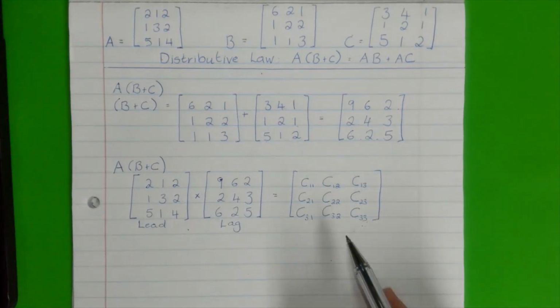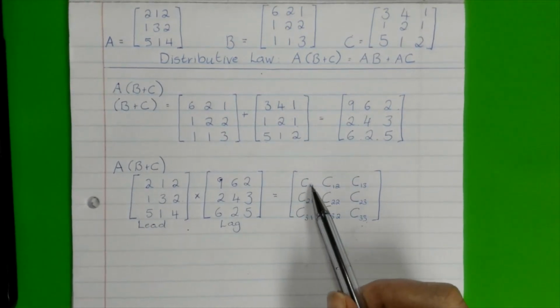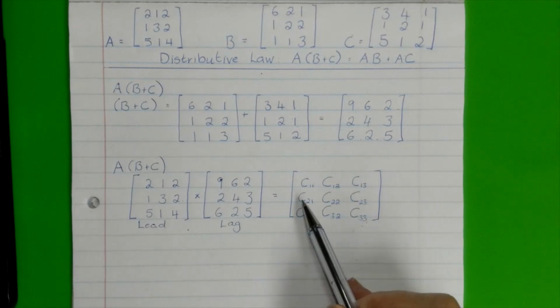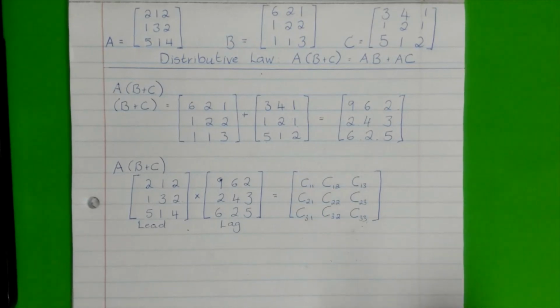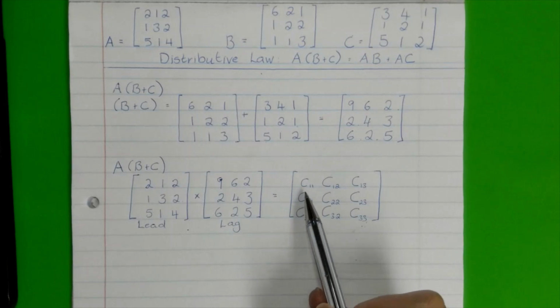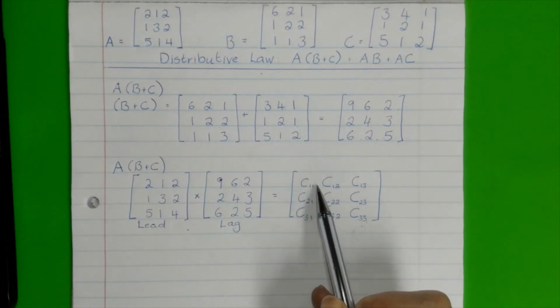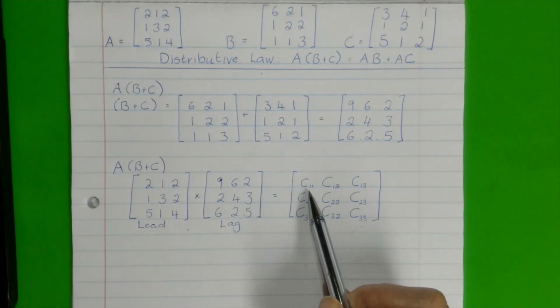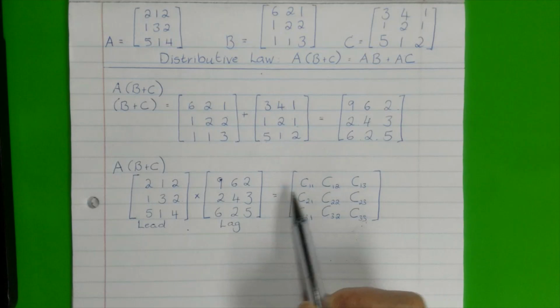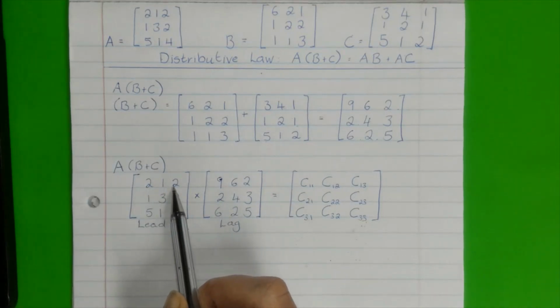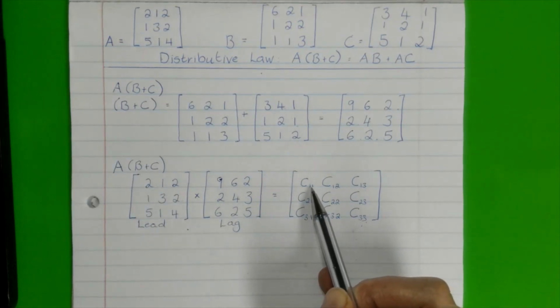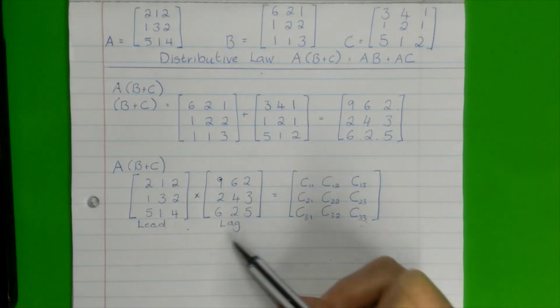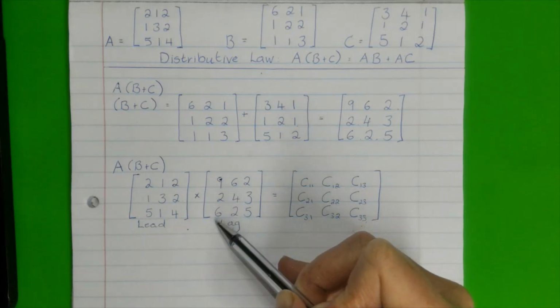Okay, so in terms of finding the values for each of these elements, to get the value for this element here, we need to multiply all the elements in the first row of the lead matrix by all the elements in the first column of the lag matrix.